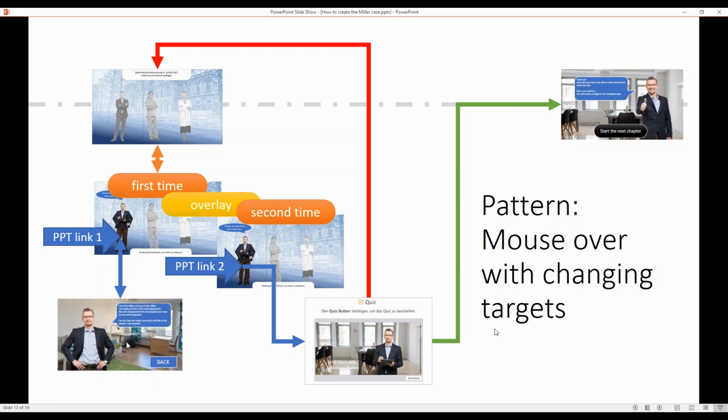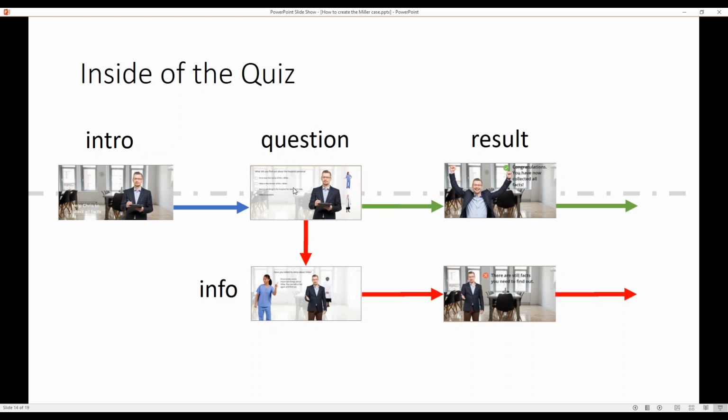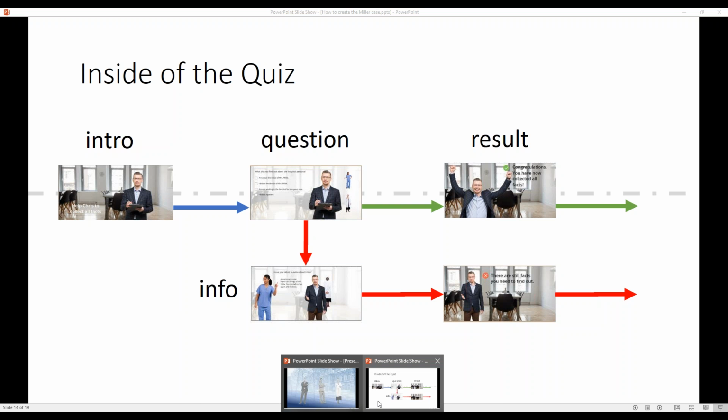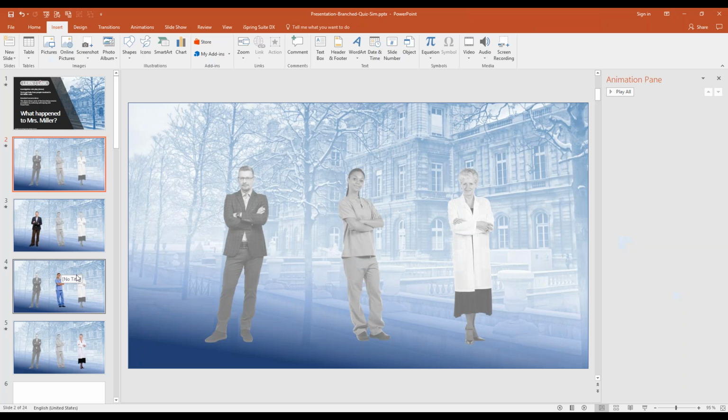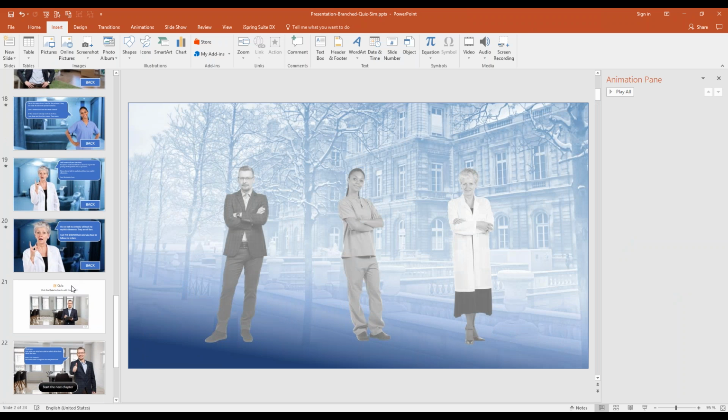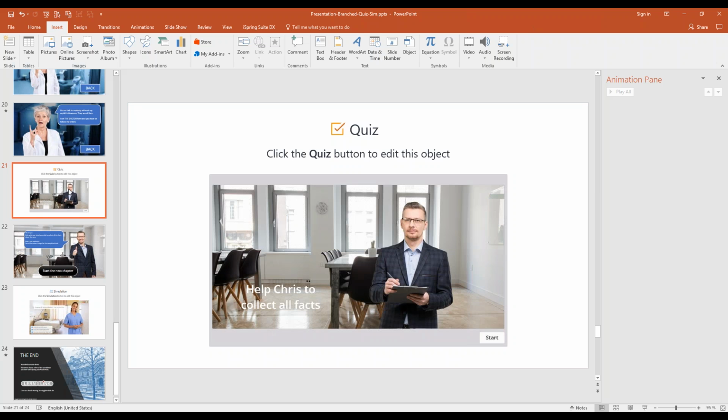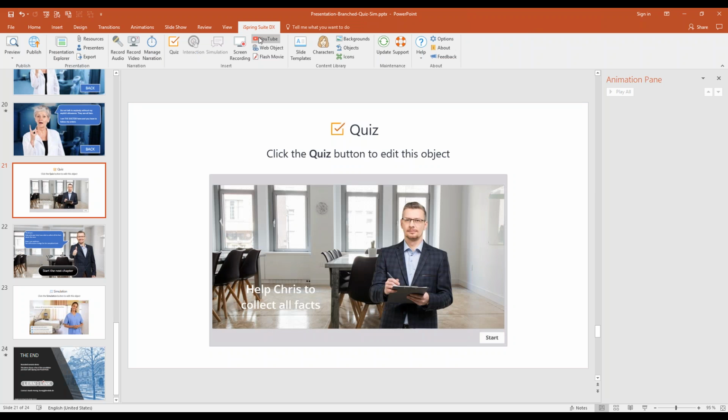I think we should now go into this quiz maker part. And I go back to the real presentation. Wait a moment, and to the quiz. And here I definitely need iSpring.